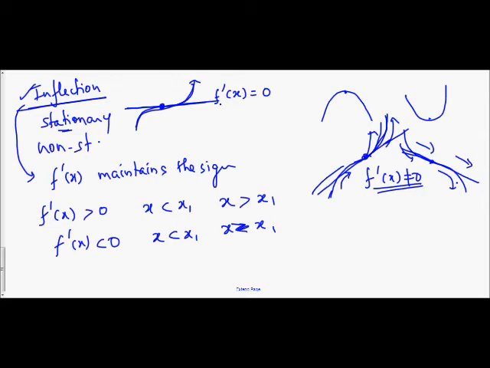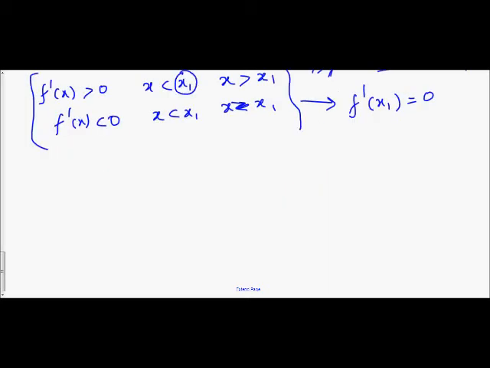If the sign change is in this way, then we say that x1 is a point of inflection. And along with this condition, if you also have f dash of x1 equal to 0, then it is a stationary point of inflection. We have seen how to use the sign change method for finding the point of inflection.